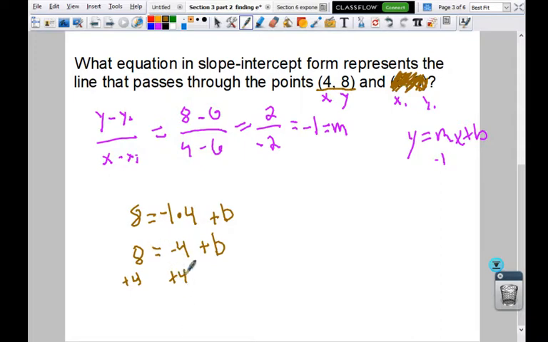And then, I think I asked you this already, Sophia, but I'll do it again anyway. What happens with the negative 4 and the 4?